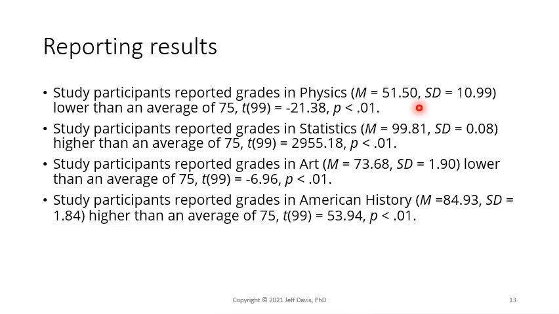You could probably do this for yourself, where you could compare your grades in all your mathematics courses to an average of 75. Calculate the mean and standard deviation, and then run a t-test, okay?